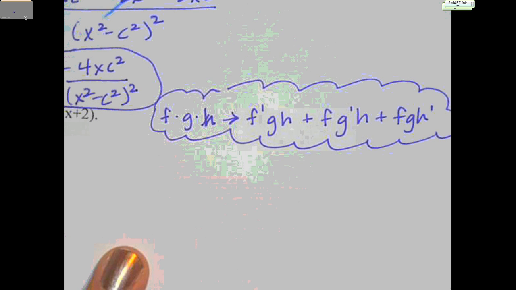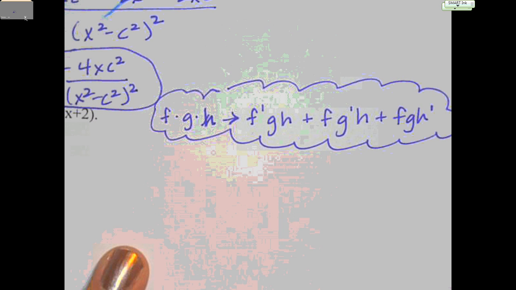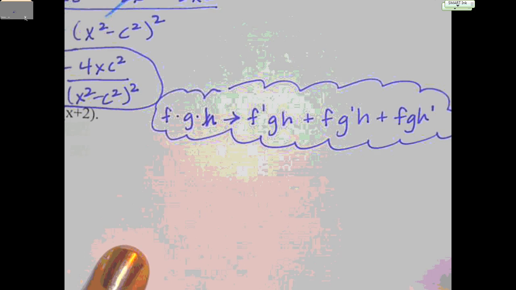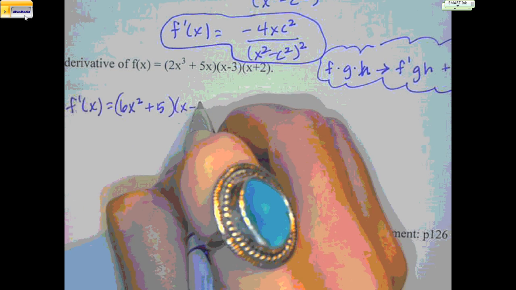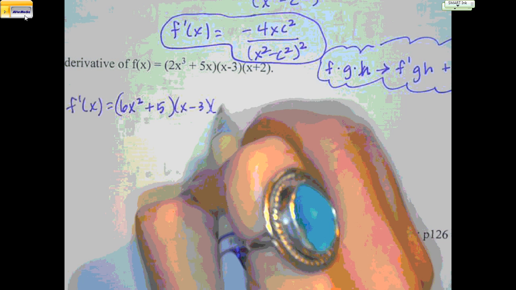Everybody got that much copied down? Okay, here we go. Derivative of f of x. So, derivative of the first one is what? 6x squared plus 5. And then times just the last 2 the way that they are, so x minus 3 and x plus 2.